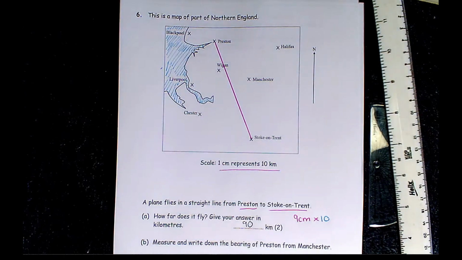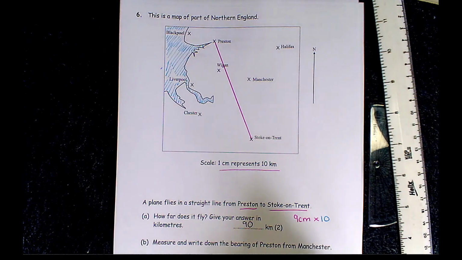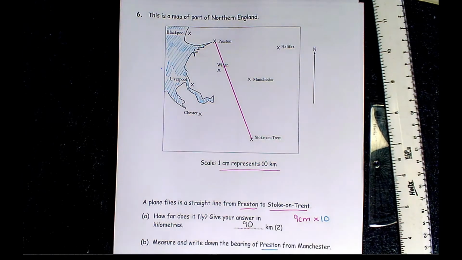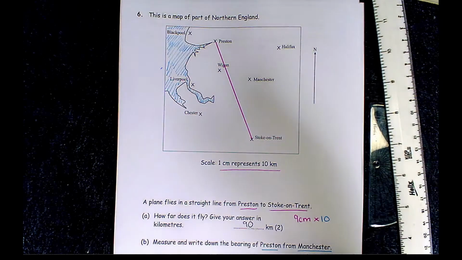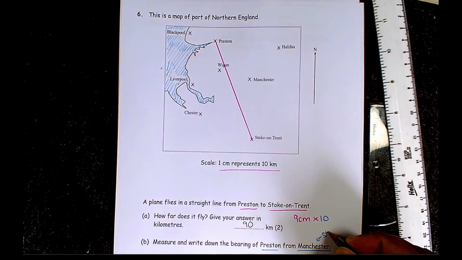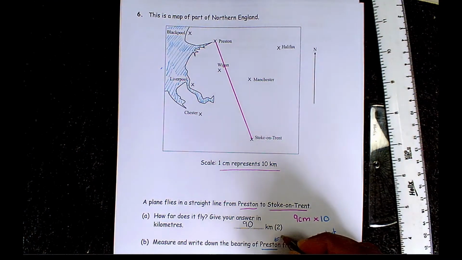Now the second question says measure and write down the bearing of Preston from Manchester. The key thing to note is that although Preston is mentioned in part A, Manchester is a new location, and Manchester is where I'm starting and Preston is where I am ending.